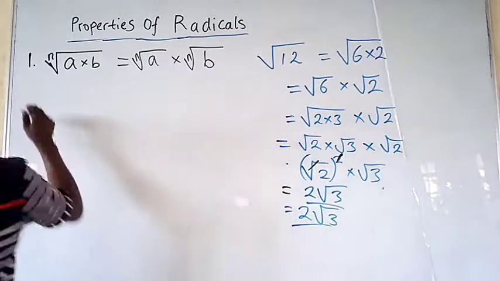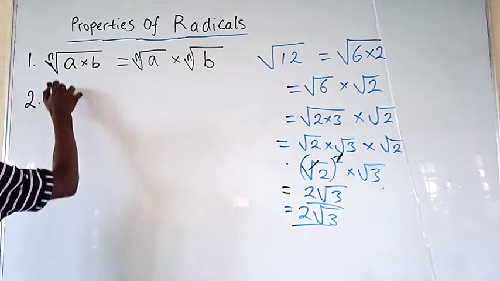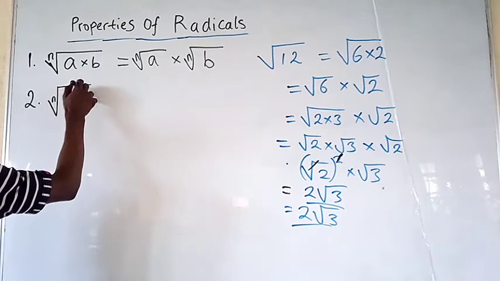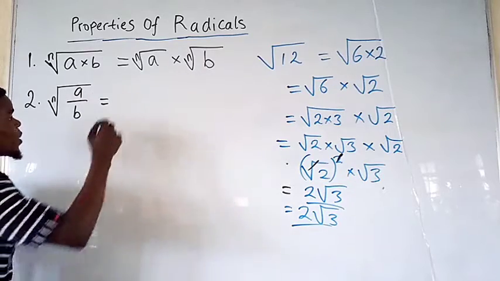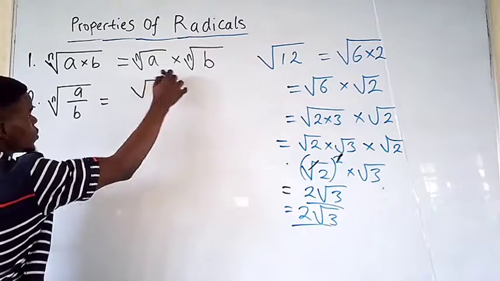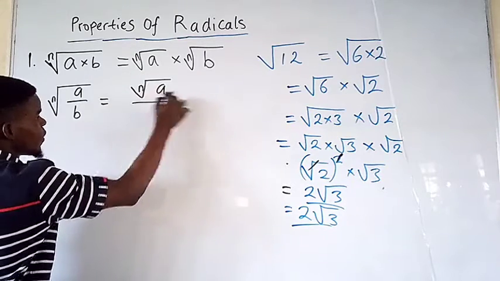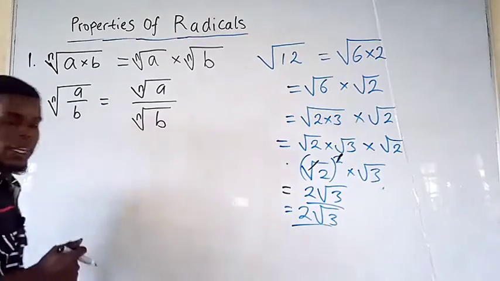The same thing goes for the quotient. So we take the ratio of two numbers. Let me just put it down. When we have the nth root of a divided by b, this is the same thing as the nth root of a divided by the nth root of b, and that still holds.